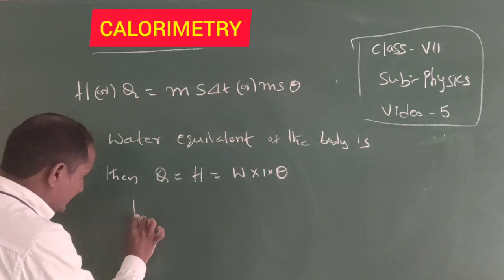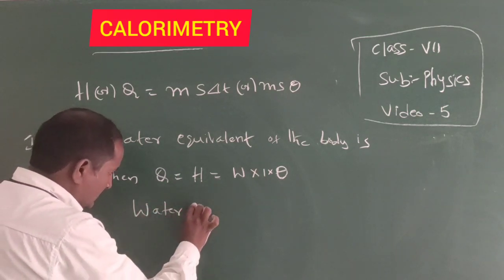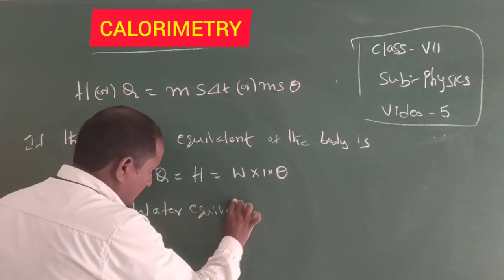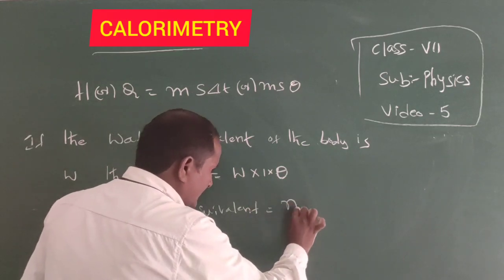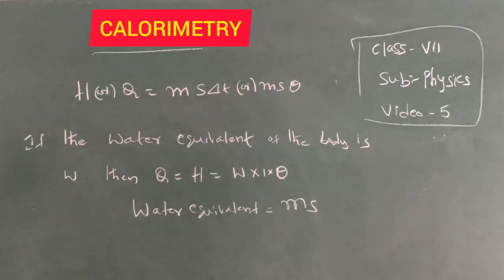So the water equivalent we can write as M into S, mass into specific heat capacity.